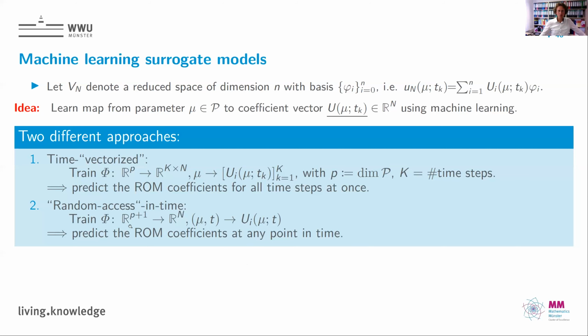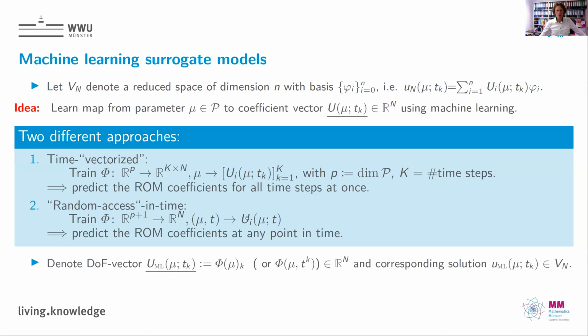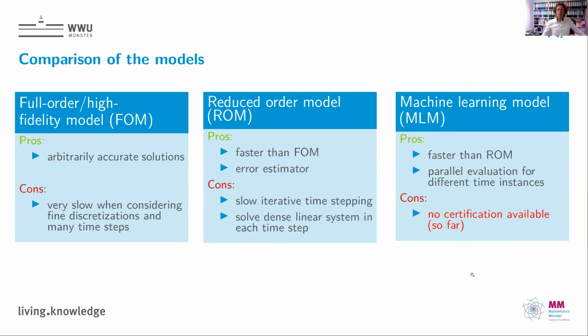If you have trained, let's say, a deep neural network or other machine learning models that gives you an accurate result on these maps, then of course you can just use these coefficients, which we now call machine learning coefficients, and you can plug this in this expansion here, and this gives you a machine learning answer to these state equations.